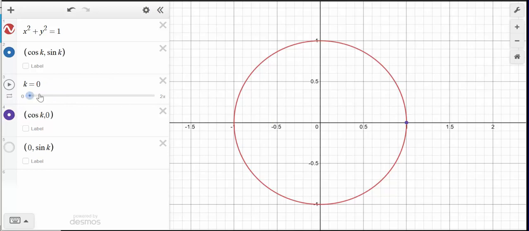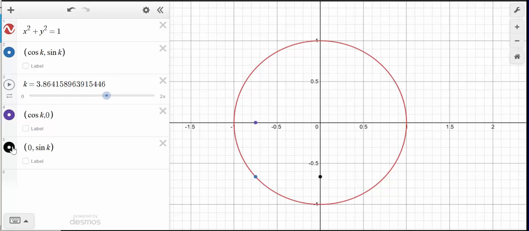Now notice this horizontal component, the x part. It's simply giving you the x value. This point has an x and a y value, and the x value is right here. And as this moves around, all this does is represent what the x is.